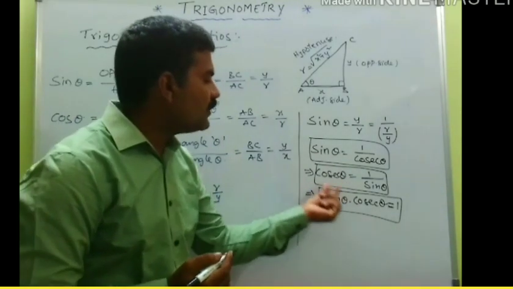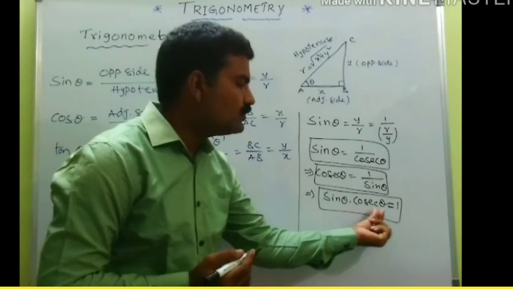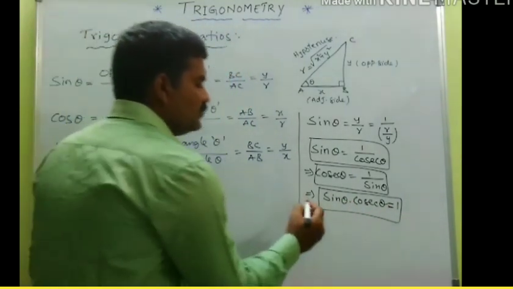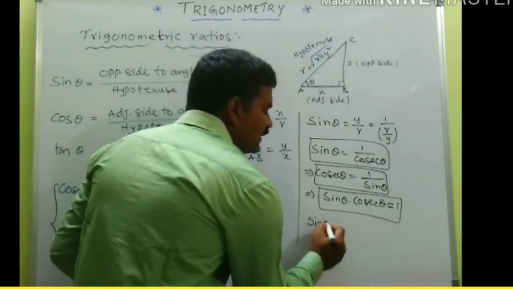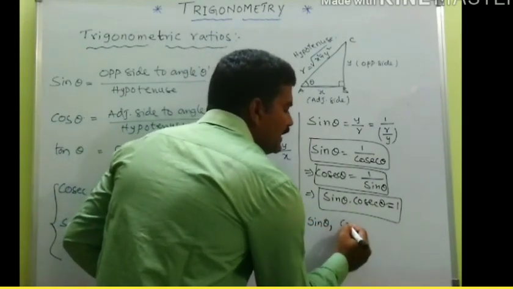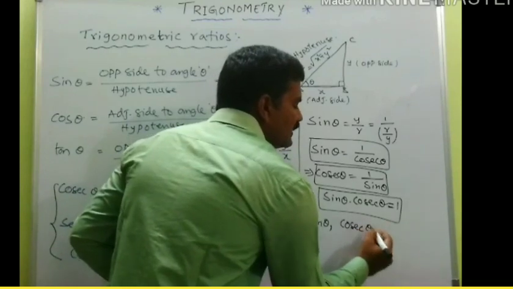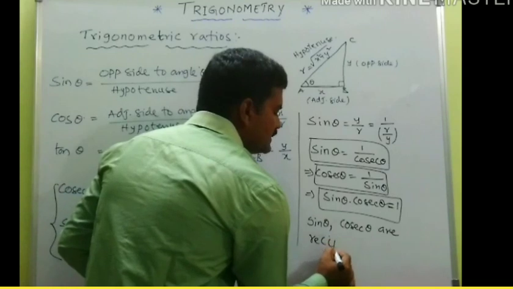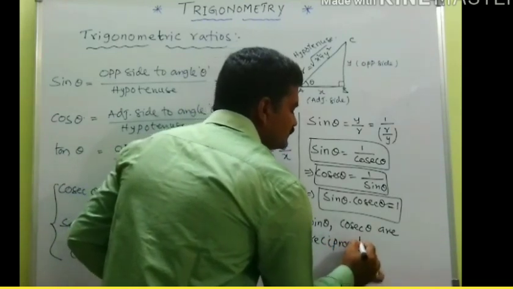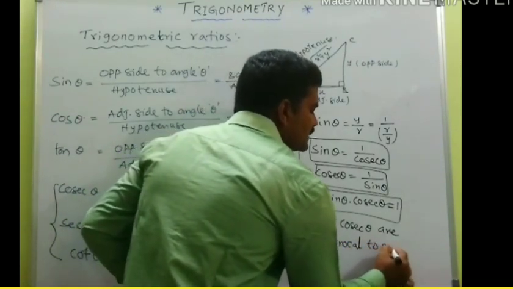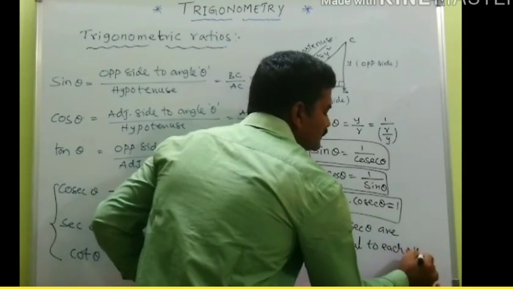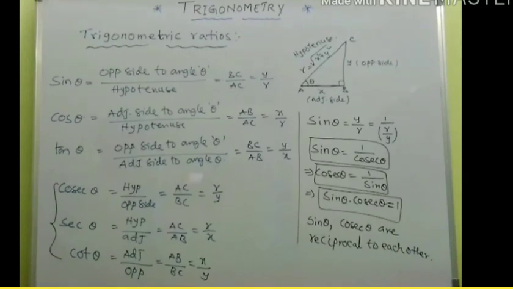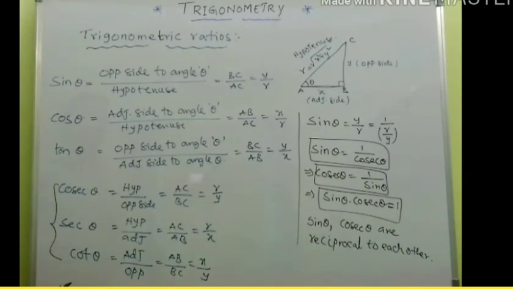And finally, the product sin theta into cosecant theta is always 1. That is why sin and cosecant are reciprocal to each other.